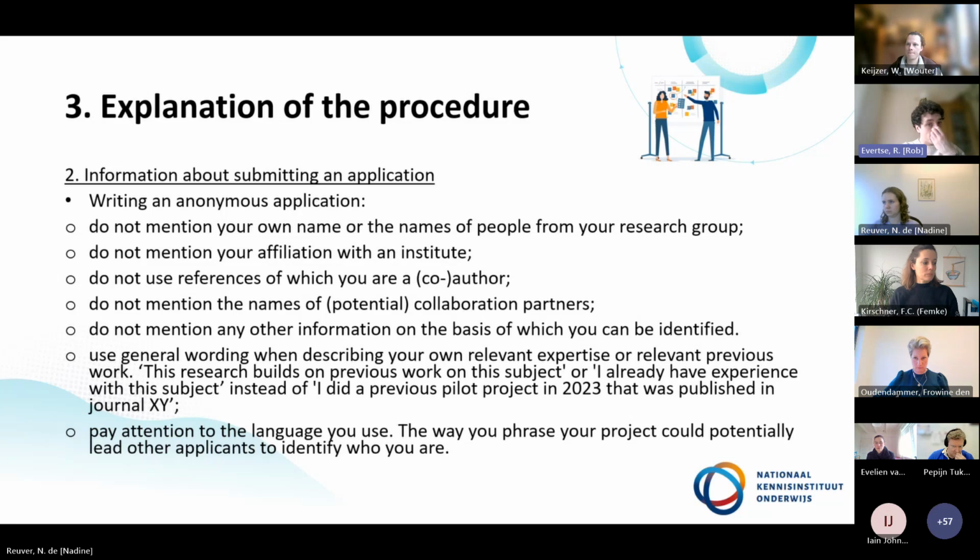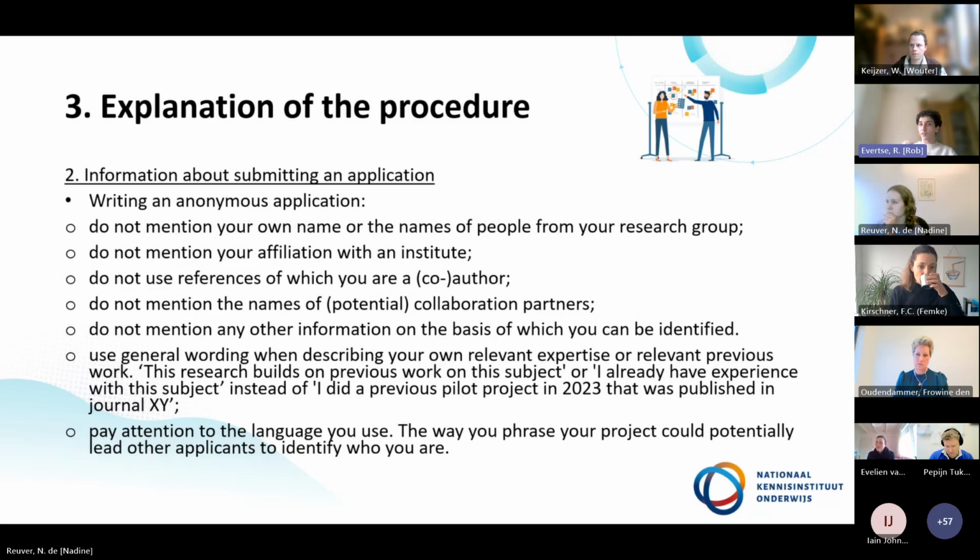Next slide. There's a lot of information on this slide, but the main point about writing an anonymous application is that you do not mention any information on the basis of which you can be identified. That can be really obvious, such as not mentioning your name or where you work, but it can also be more subtle, like not using references of which you are an author or a co-author.